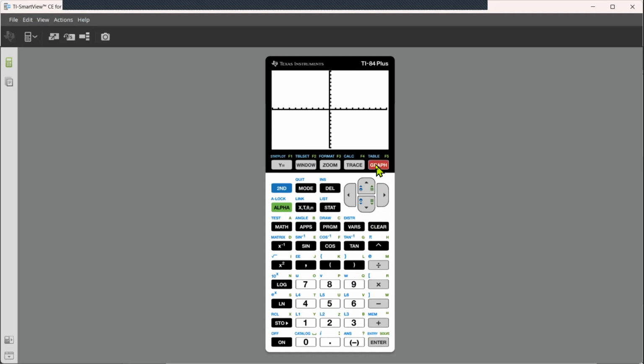And then if you graph it, there it is. That's what this looks like. Okay. Now, what you can see here is that it's not an infinite discontinuity.